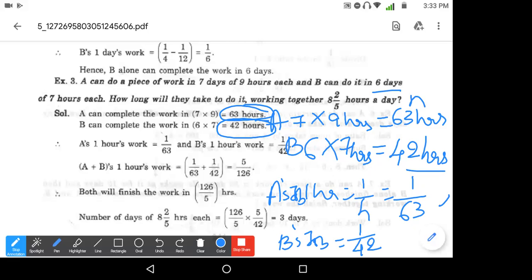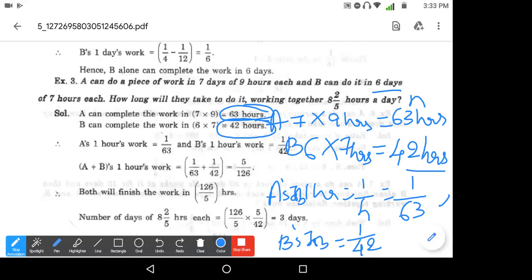So that is the first derivation. You have to multiply the days into hours so that we get the total working hours of A and total working hours of B. And then we convert that to 1 hour conversion so that we will understand for 1 hour how much they work.